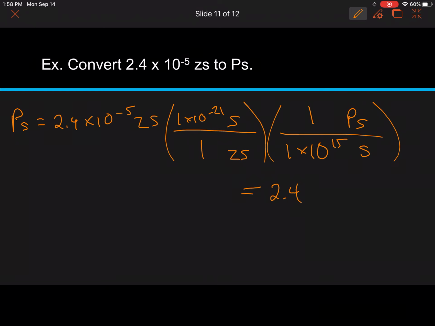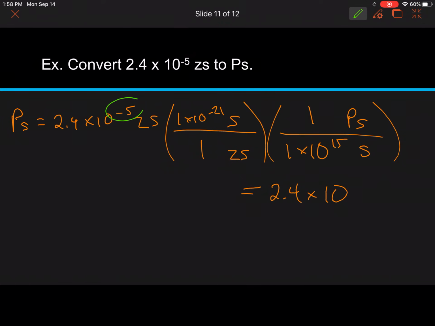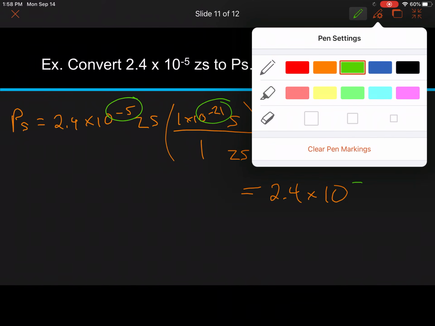So my answer is going to be 2.4 times 10 to the, and now I'm going to use a different color here. I take my negative 5 and I add negative 21, so that brings me to negative 26. So negative 26, subtract positive 15, is going to get me to negative 41. Hopefully my math is right on that one.